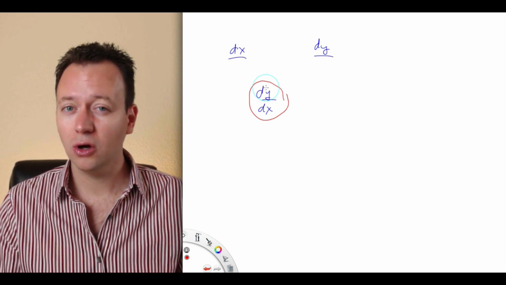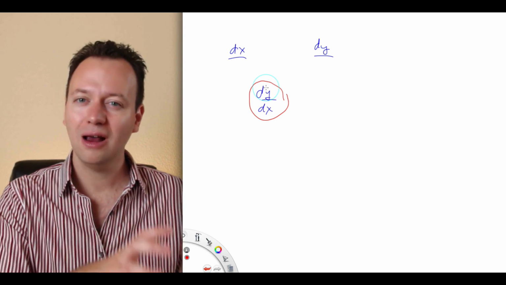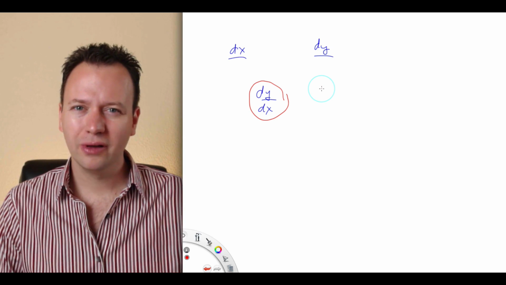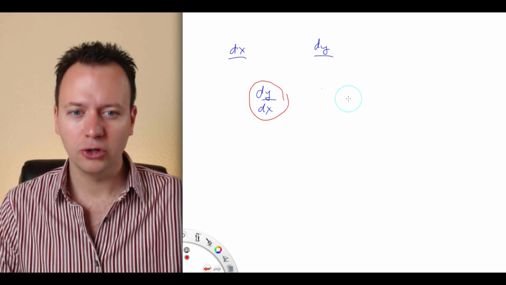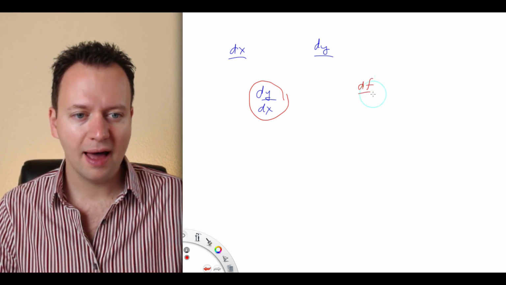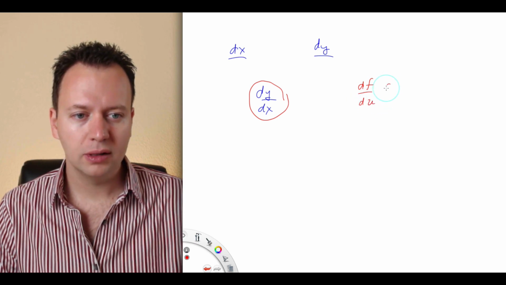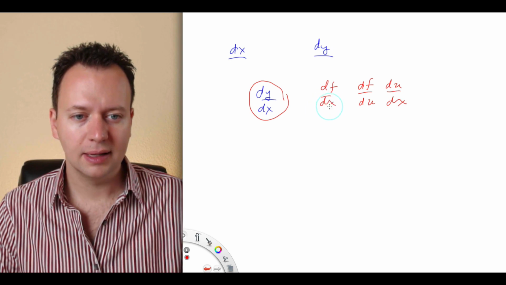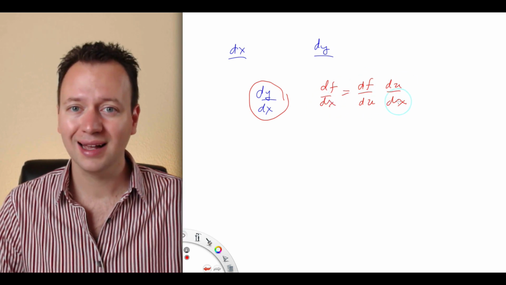And yet we do so with these differentials, but we have to be careful with how we use them. We also alluded to this sort of thing with the chain rule, where we can say df dx is equal to df du times du dx.